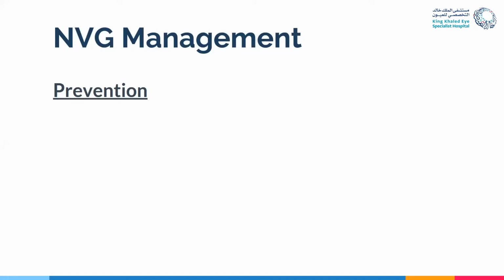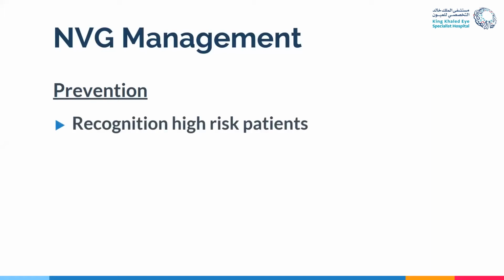So you mean picking up the patient at risk. Yeah. So recognition of patients at high risk. This is one of the important things to abort the development of neovascular glaucoma.